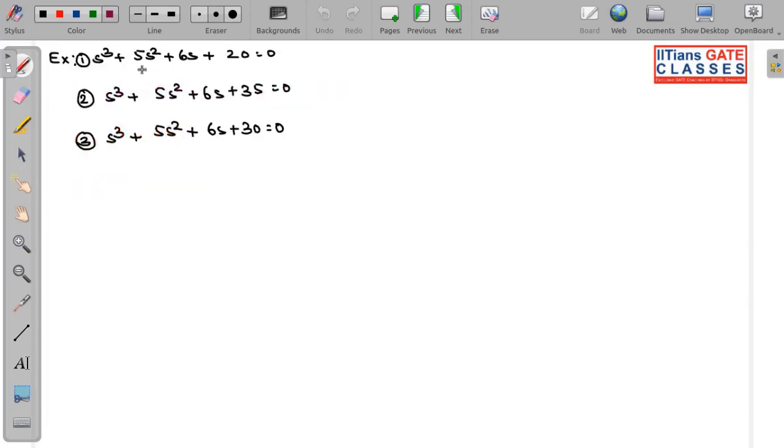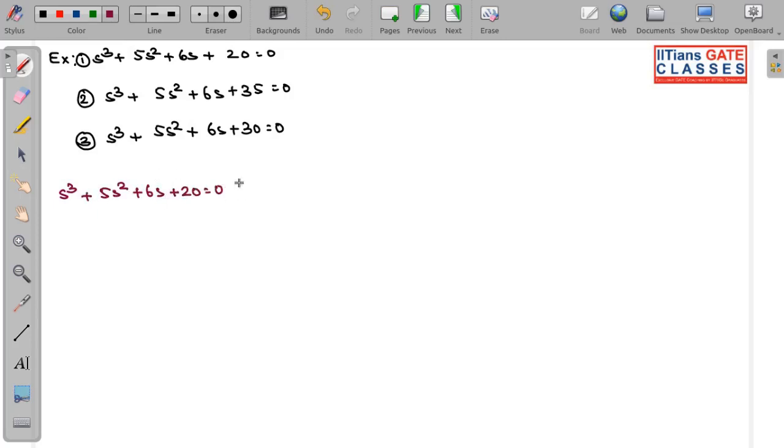So now let us see a few examples. I have taken 3 examples over here, so let us try to solve them one by one. The first example that we have is s cube plus 5s square plus 6s plus 20 equal to 0.